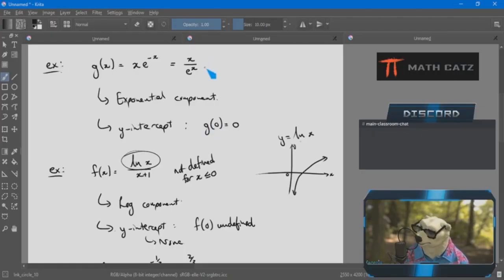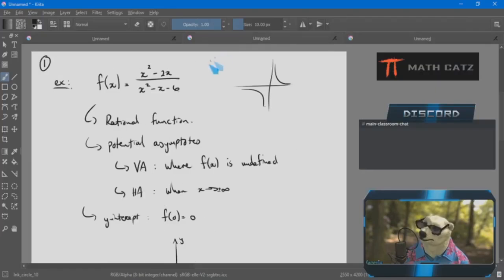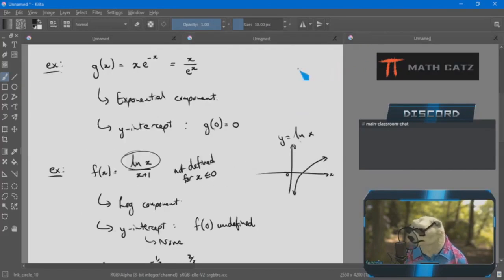And I want to know that because that's important for my vertical asymptote question. It's always going to be, where is this denominator 0? So in this case, it's going to be when the denominator equals 0 in the case of rational functions, right? It's the only situation that's, for us, going to create a vertical asymptote.